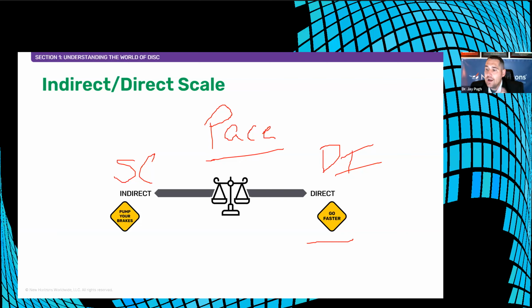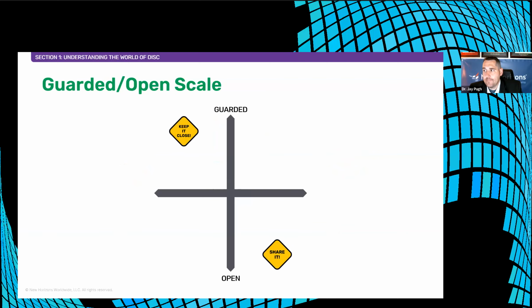So the rule of thumb I always ask is this: who's doing the asking? If I'm doing the asking, I'm going to shift. If you're doing the asking, you should shift. So that's where we pay attention. The second thing that I pay attention to is not pace and speed, but actually priority.